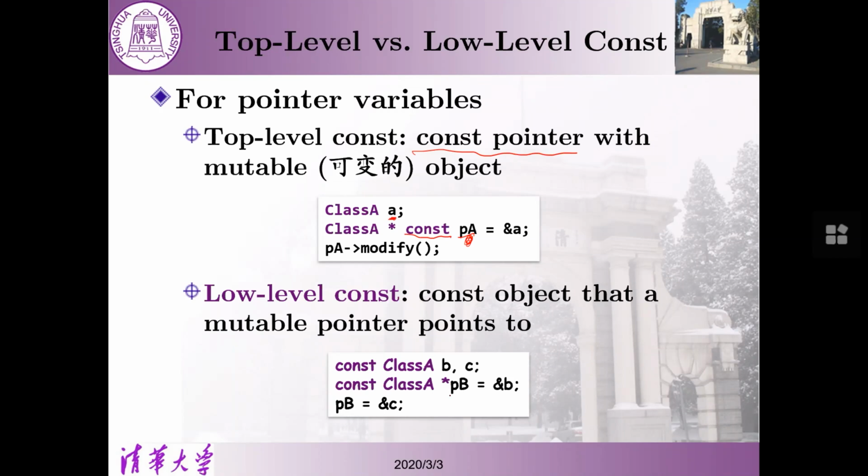So that means this pointer is mutable. It can point to any different objects, be modified. However, the object is const. So this is low level const. So const is here. Okay. So be careful about this top level and the low level const. Actually, the second one, this one is typically used, right? In most cases.